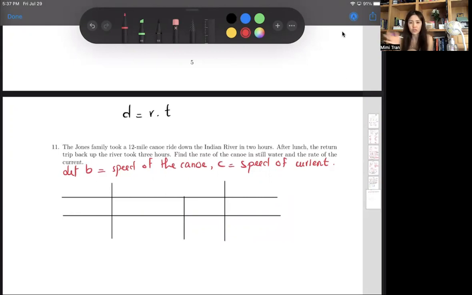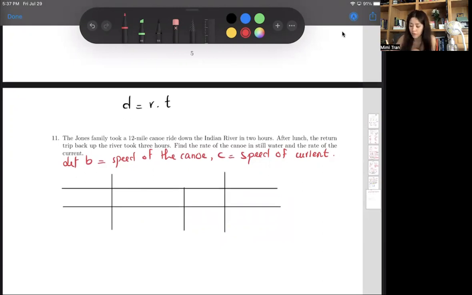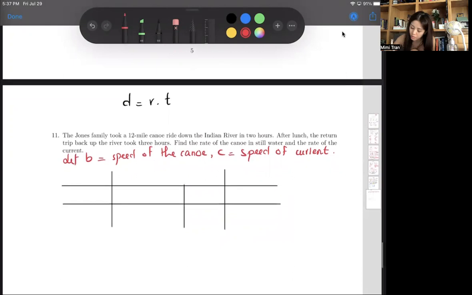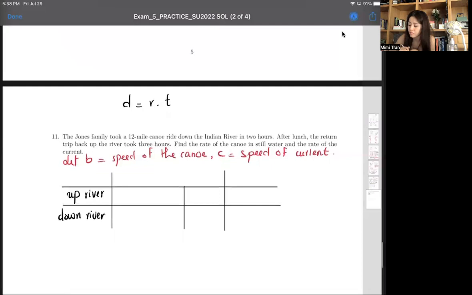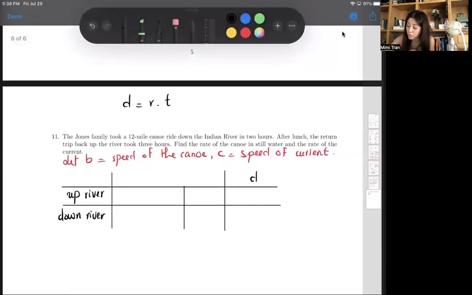Now, the distance they travel is the same. Do you agree? But they travel upriver and downriver. So I have two situations here: I have upriver and downriver. And we know that distance is, they're both what? They're both 12 miles, right? The only thing changing is the time.